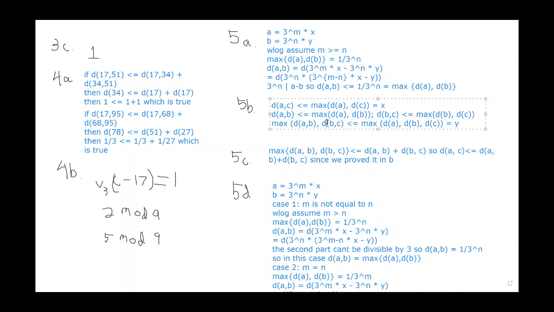There are three differences between three numbers. Two of the differences are A and B, and the other difference is A minus B. So what we want to show is that d of A minus B is going to equal either d of A or d of B.